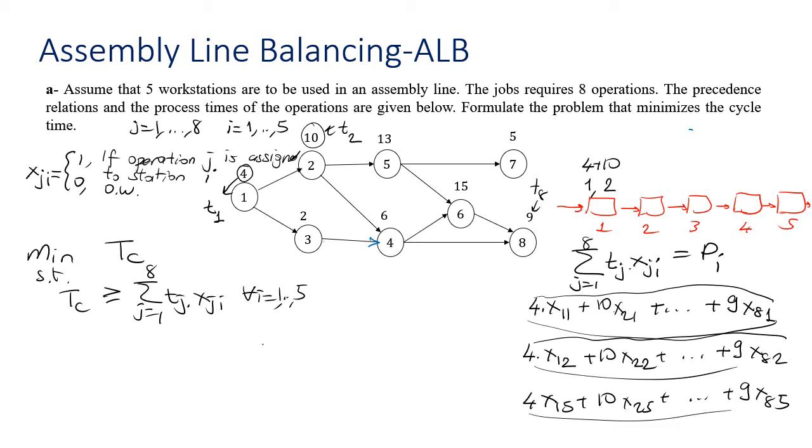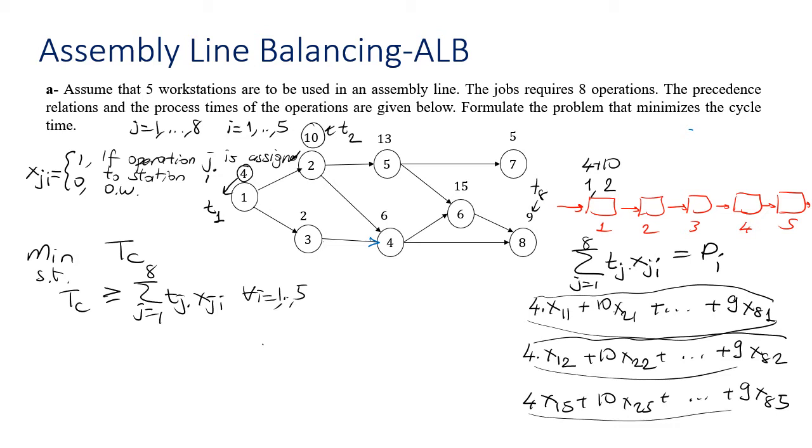Why? We are trying to minimize the total time. If I don't assign any one of these operations to any one of the stations, then their time will be 0, and that's the minimum possible cycle time, right? 0.